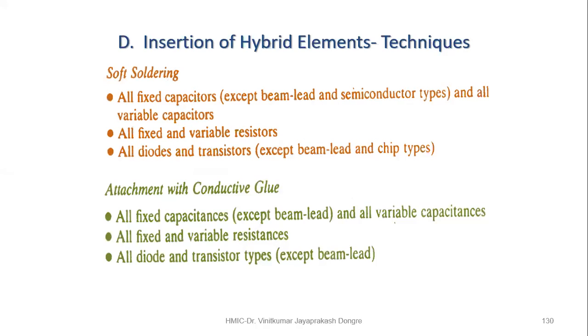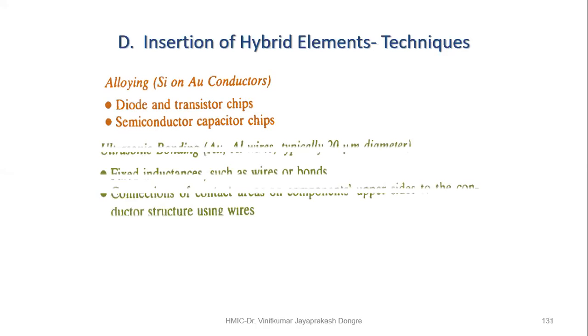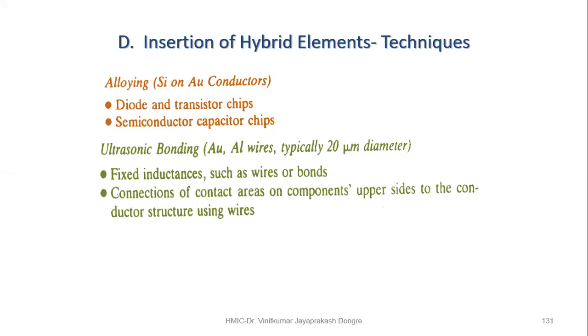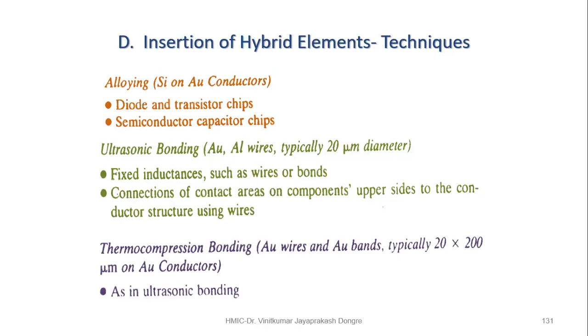So there is a limitation: a particular method is used for a particular system or component. And here, alloying, ultrasonic bonding and thermocompression bonding are used for these materials or systems. So these are their specifications.